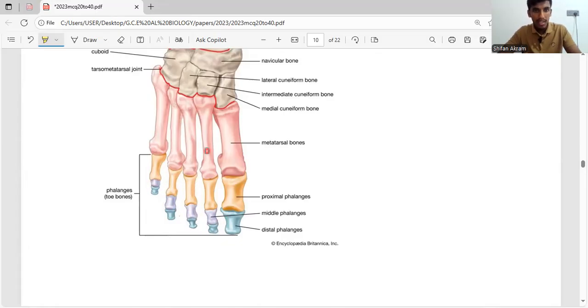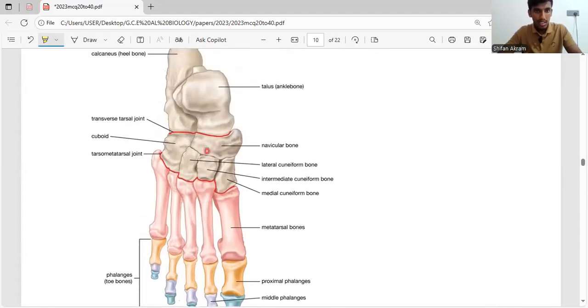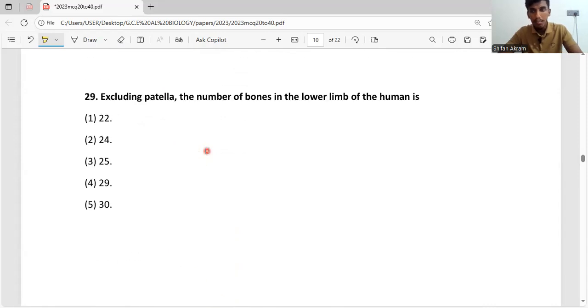So 14 plus 5 is 19, plus 7 is 26, plus the femur, plus the fibula, plus the tibia, which means 29 bones, right? Okay.